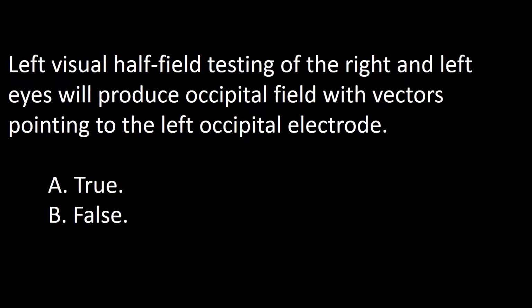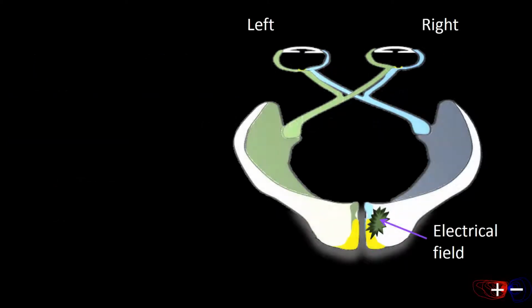Next question. Left visual half-field testing of the right and left eye will produce occipital fields with vectors pointing to the left occipital electrode. A true, B false. This frame depicts the electrical field occurring in the right occipital visual cortex.